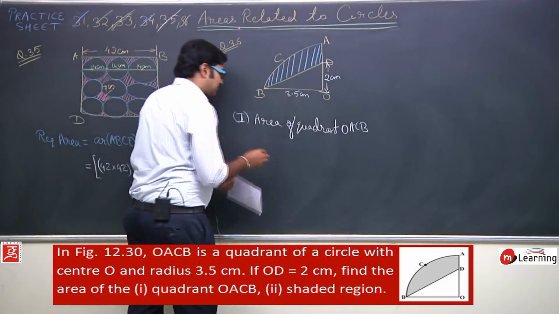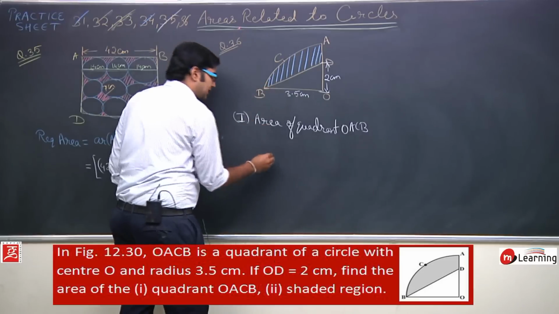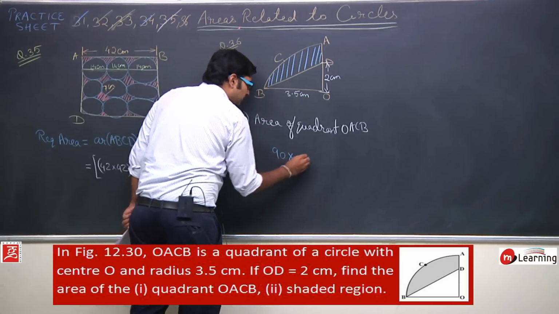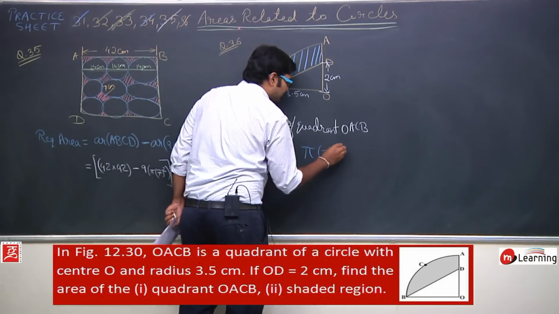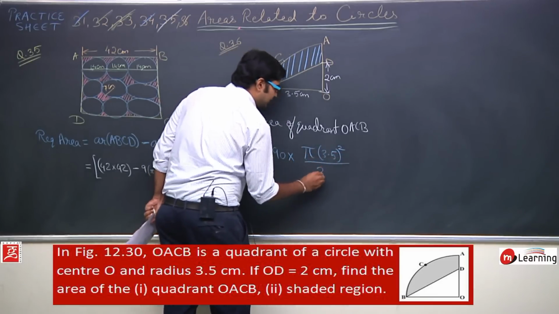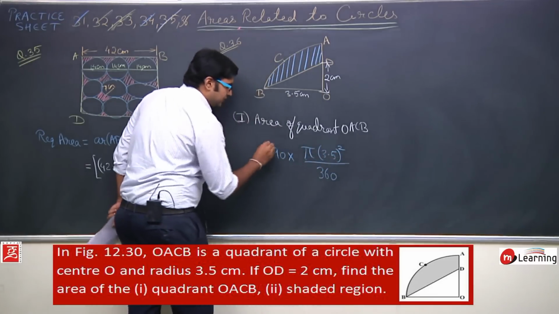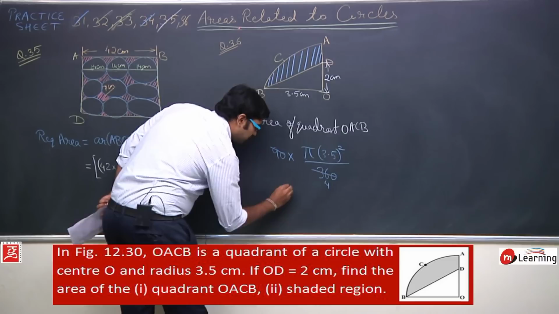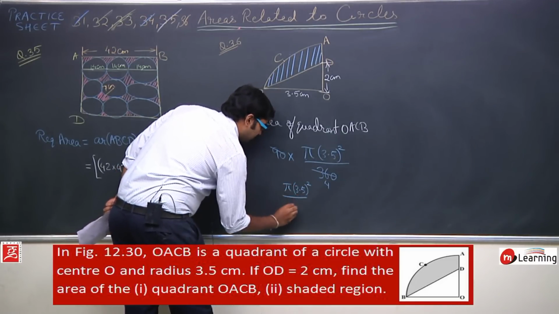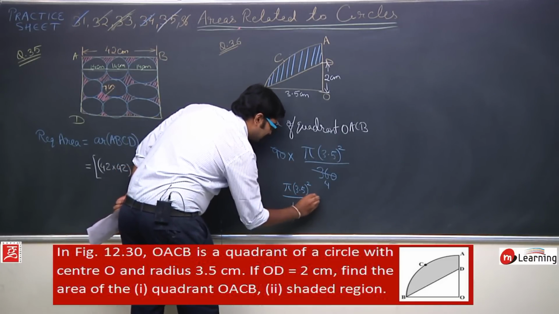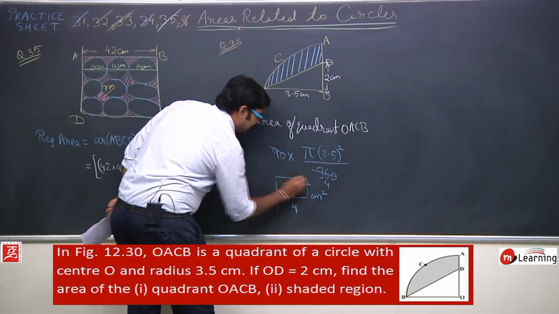For that we will simply apply the area of sector, that is 90 degrees into pi into r square, that is 3.5 square, upon 360. So this will give you pi into 3.5 square divided by 4 centimeter square. This is the area of the quadrant OACB.